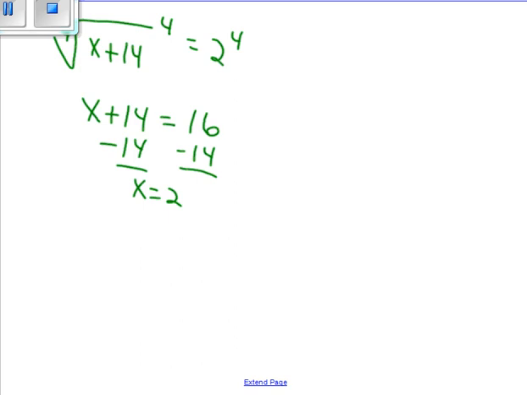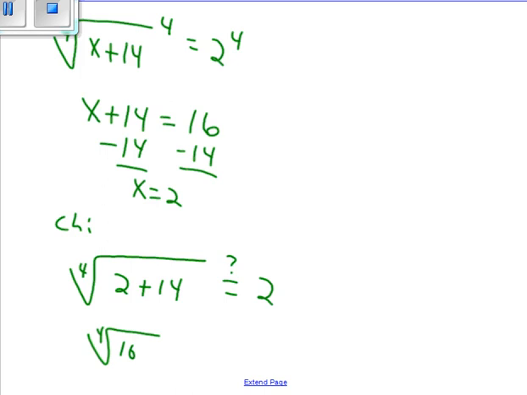And when I plug that back into the original equation to check it, I end up here with the fourth root of 2 plus 14. Does that equal 2? And I get the fourth root of 16. That does equal 2. 2 equals 2. So that's a good solution.